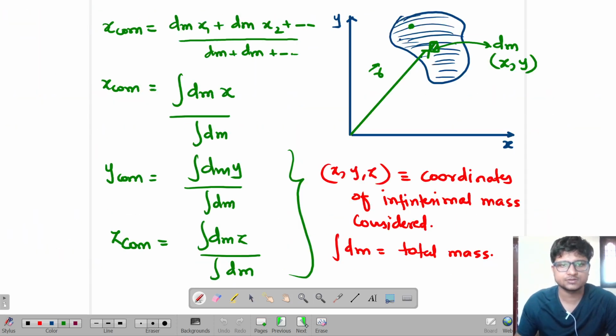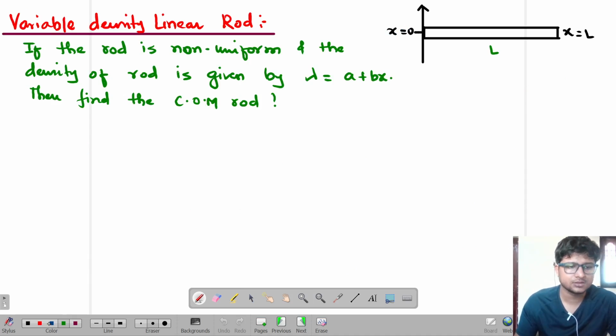Let us be fast. See, now, here it is saying that every point on this rod has a density which is varying in the rod. Yes, it means mass over here is 1 kg, here it is 2 kg, here it is 3 kg, here it is 4 kg, here it is 5, 6, and so on. It becomes very hard to find the total mass of the object.